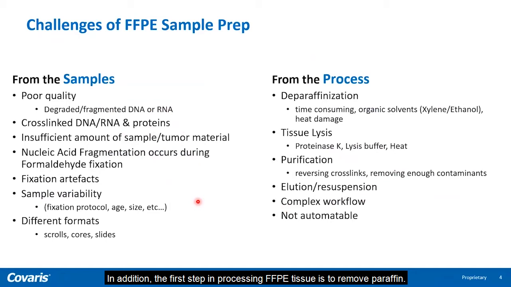In addition, the first step in processing FFPE samples is to remove paraffin. All current traditional methods use organic solvent-based de-paraffinization that is laborious, time-consuming, and must be done in protective hoods. The overall workflow is thereby very complex and cannot be automated.